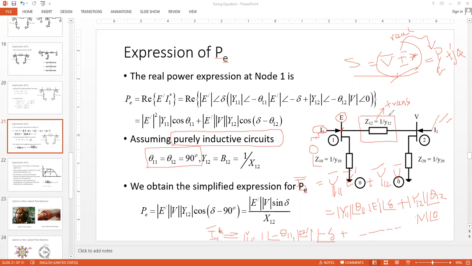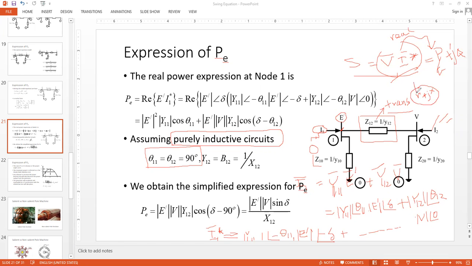As a designer of the transmission line, what should you try to do? Let's say the transmission line is represented by a short line, which is represented by R plus jX. Let's say for the time being, we are not considering any shunt elements, just a simple series representation of the transmission line.